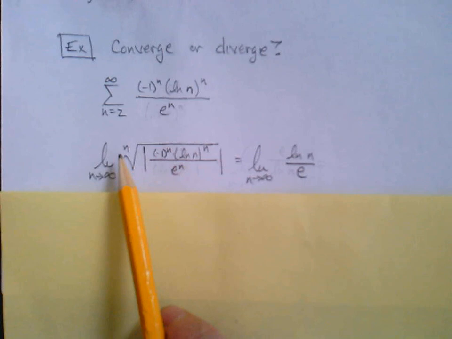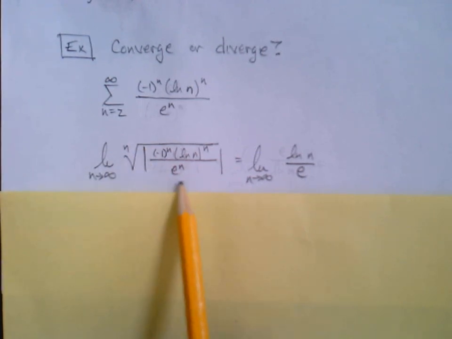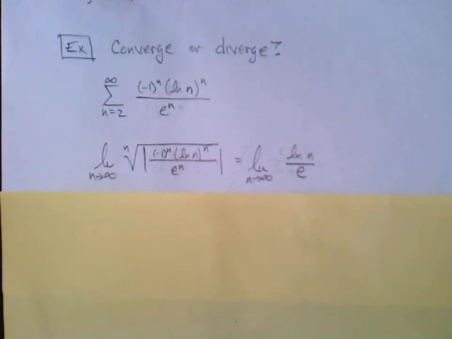So we'll take the nth root of the absolute value, and there I'll just copy that nth term. And what's going to happen? Well, it comes out really nice.